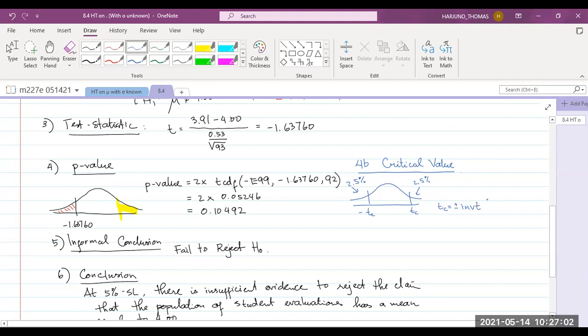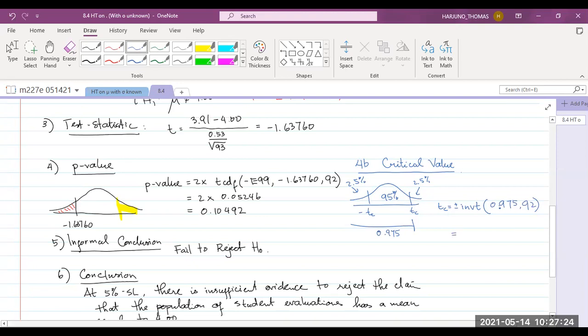So t critical equals plus or minus inverse t. The area to the left of the positive critical value is 0.975, with degrees of freedom 92.